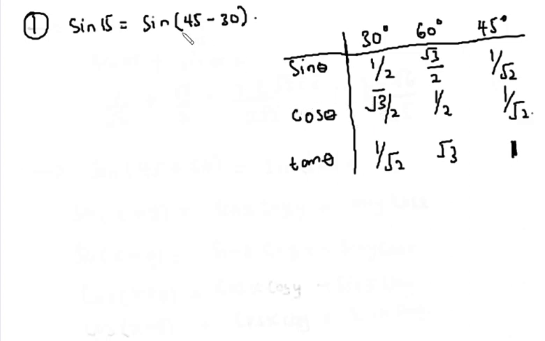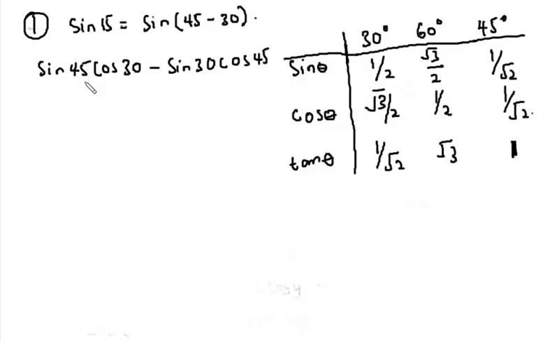From sine of 45 minus 30, the sum and difference formula we are going to use here is sine 45 cos 30 minus sine 30 cos 45.